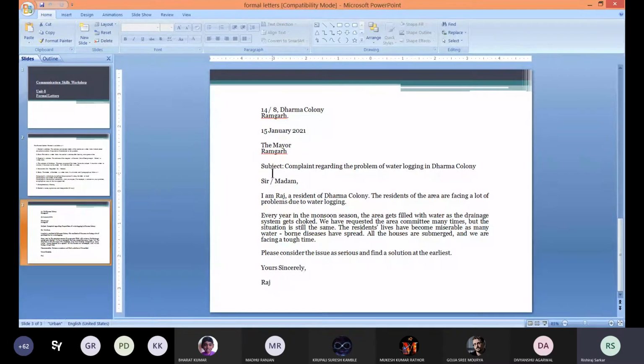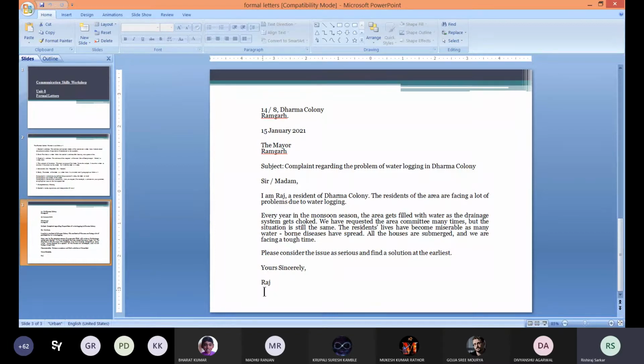Then again space, salutation, then space, and the letter starts, the first part, just the introduction and why you are writing the letter: the residents of the area are facing a lot of problems due to waterlogging. The next paragraph, the total content. Then the last paragraph, please consider the issue, the request. Then the complimentary closing, yours sincerely, space, and your name. Here the designation is not written.